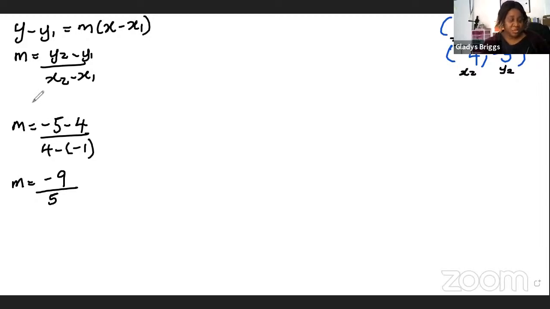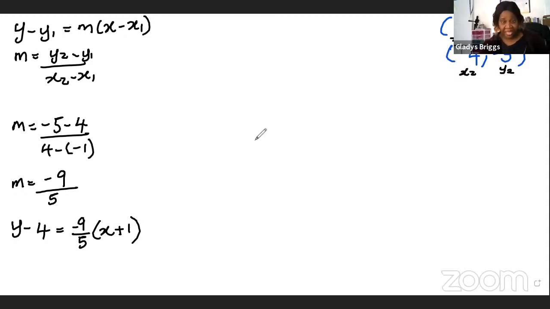Now we want to put that into the first equation. We would have y minus y1, which is 4, is equal to m, -9 over 5, times x minus x1, which is minus -1, which is x plus 1, yeah?